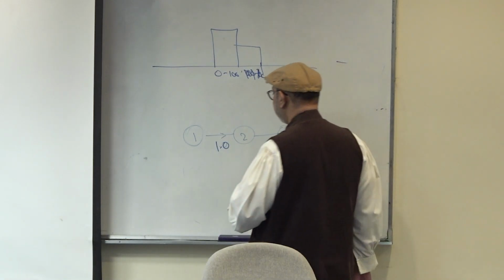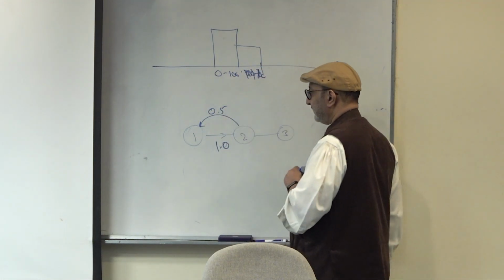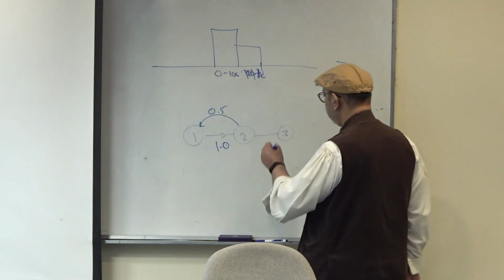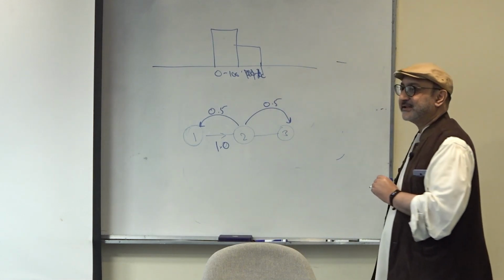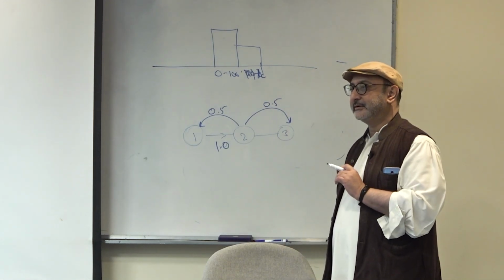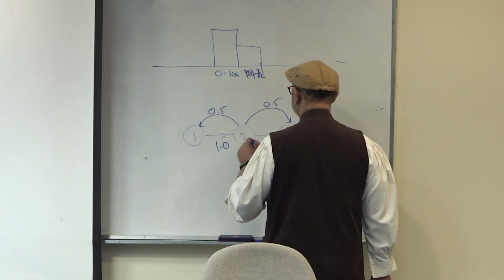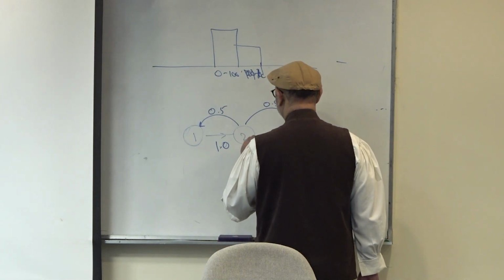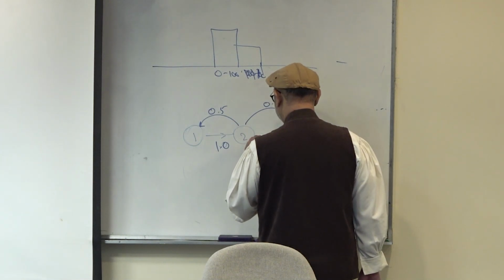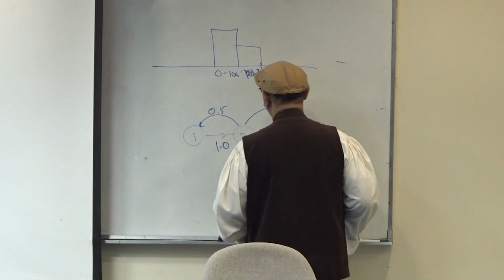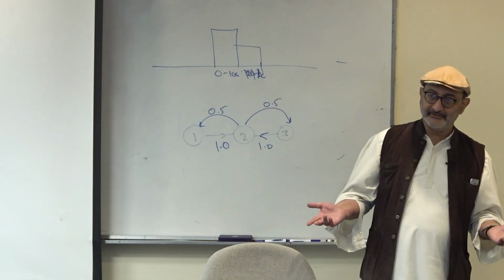Let's say that if you're in state 2, there's a probability 0.5 that you go to state 1 next, and a probability of 0.5 that you go to state 2 next. And if you're in state 3, then the probability of being in state 2 next is 1. There's a diagram that shows how our Markov chain is working.